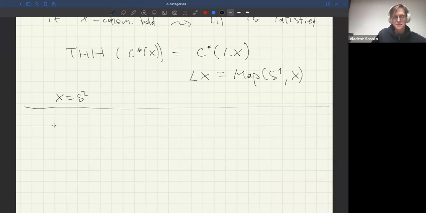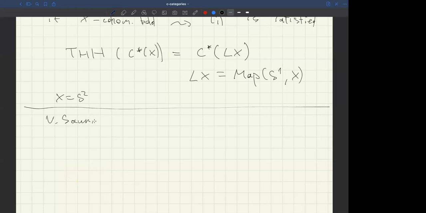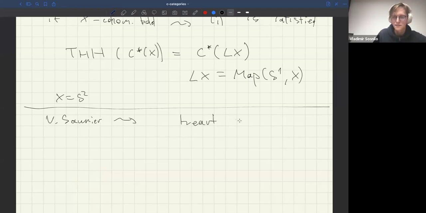Sorry. So there's been yet another notion defined by Victor Saunier, that of a hard structure. Hard categories. And originally, when formulating all of this theory, we thought that maybe this is the right context to actually do that.